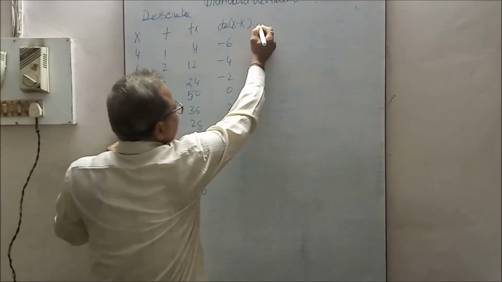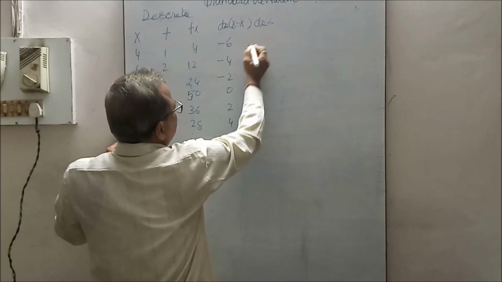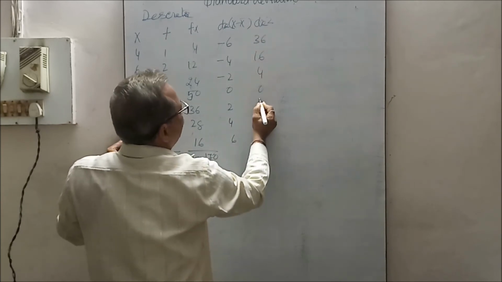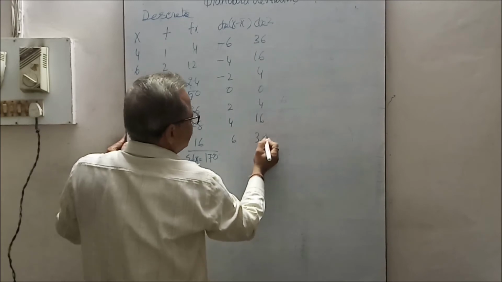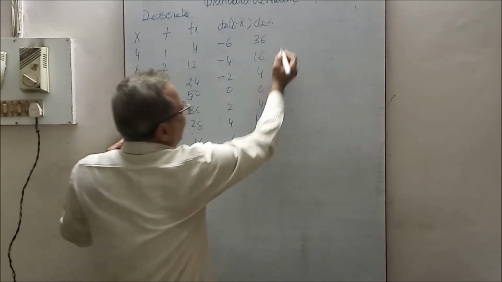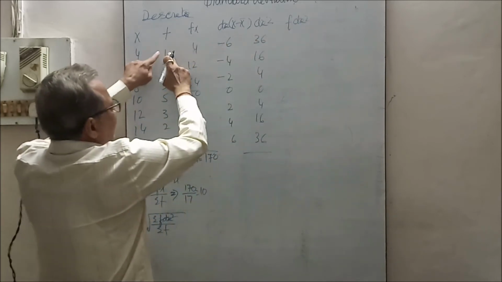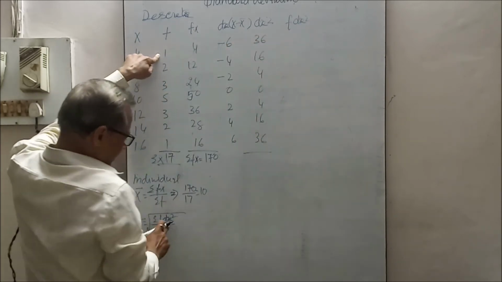Now dx square: 36, 16, 4, 0, 4, 16, 36. Then multiply with the frequency to get f dx square, because that is given in the formula.